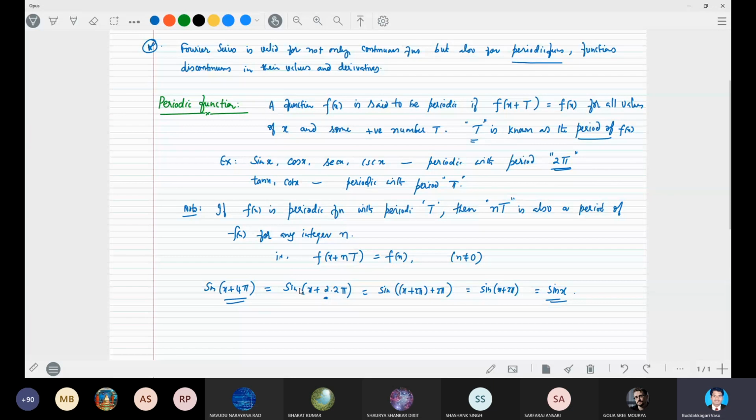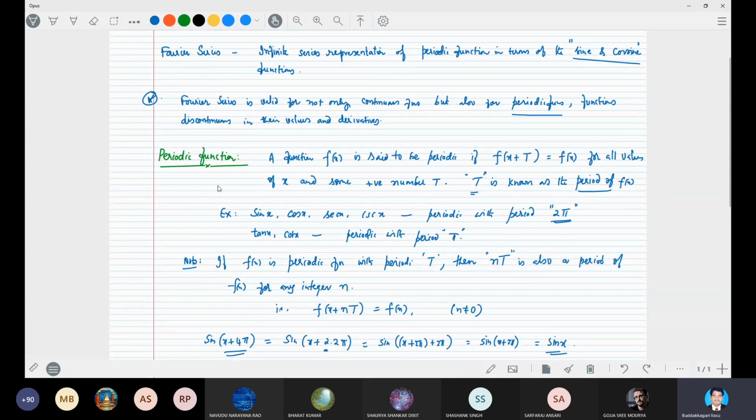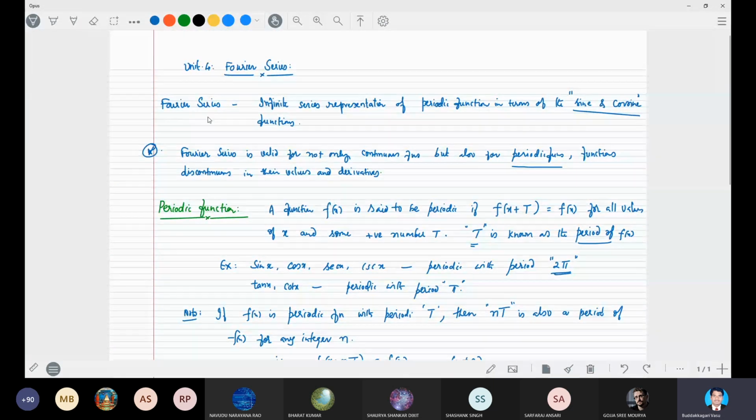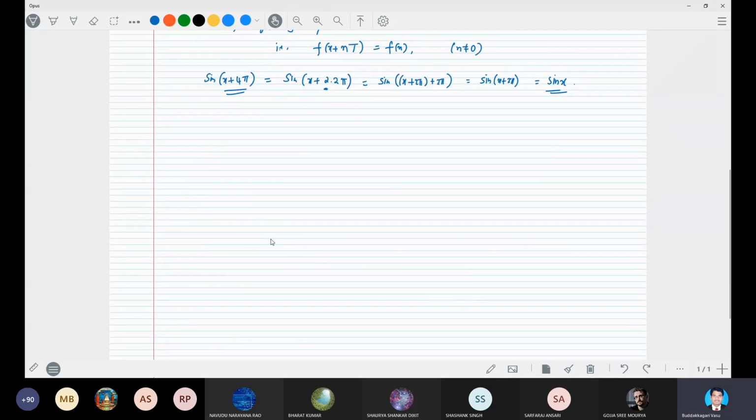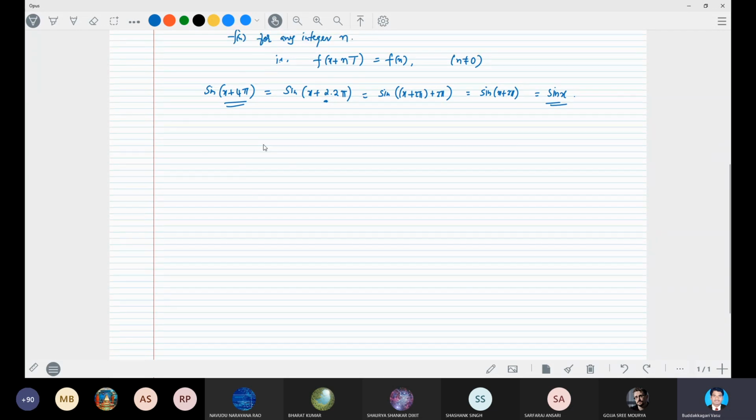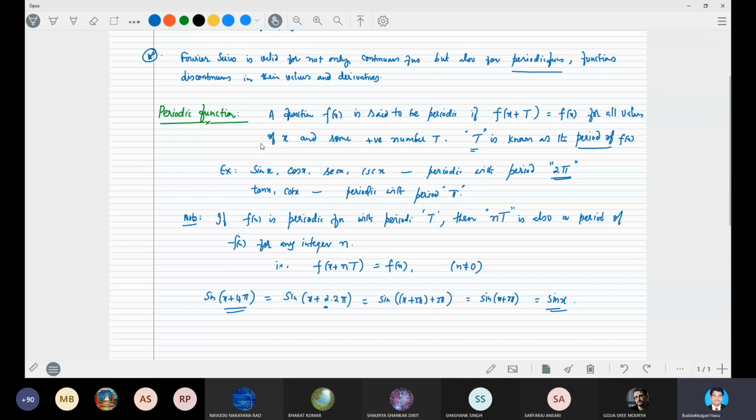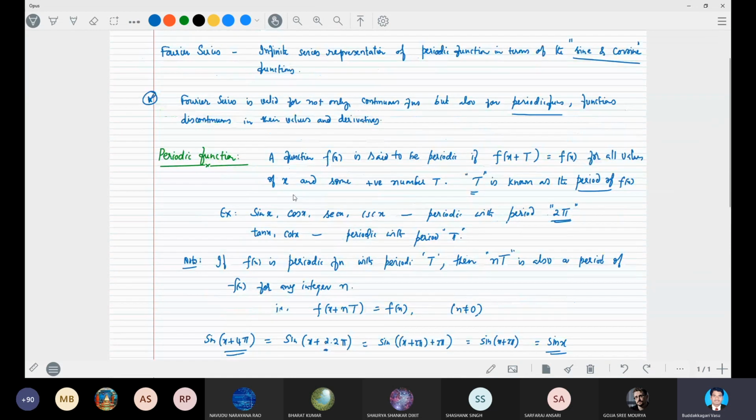As we said, the Fourier series is an infinite series representation of a periodic function in terms of sine and cosine. Here I would like to call this Euler's formula. This is how we can extend the definition into a symbolical expression.